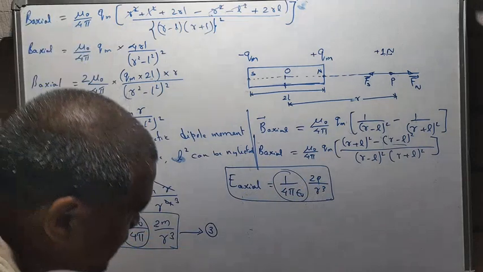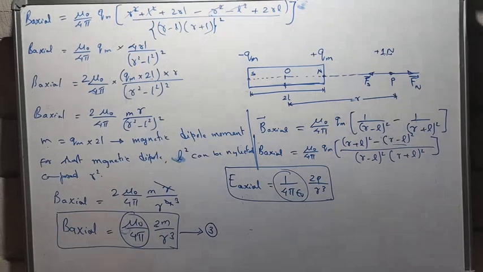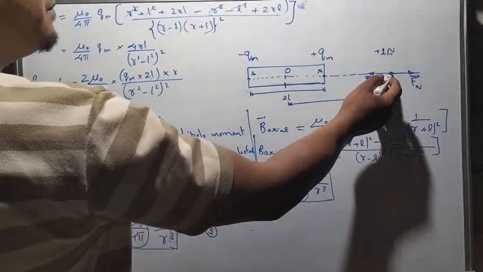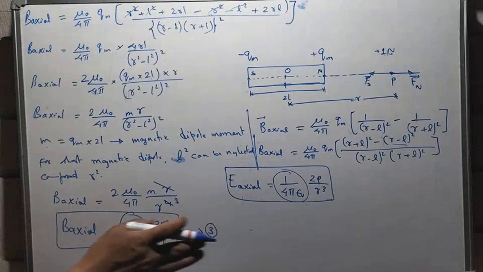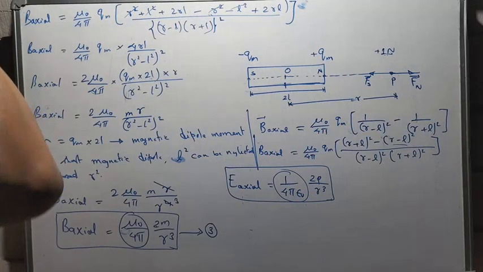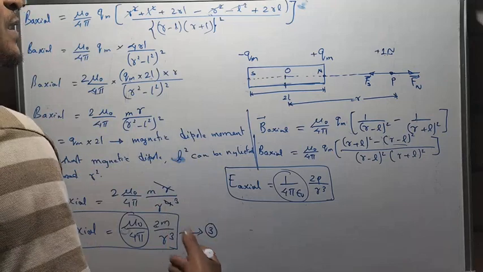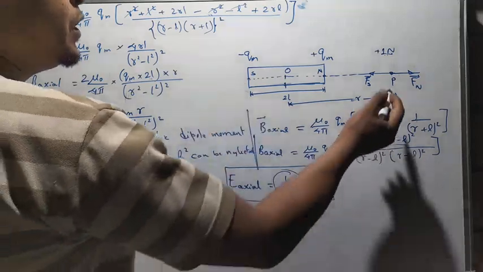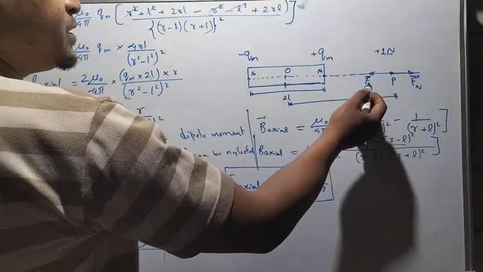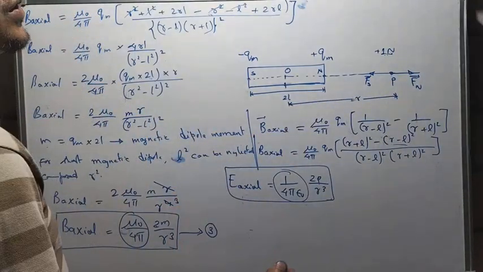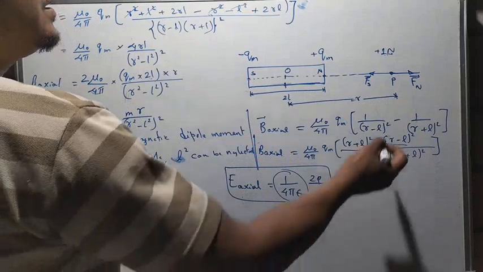Now, what is the direction of this net magnetic field at a point P? This net magnetic field at a point P will act along the same direction as the larger force. If you look at these two forces, Fs and Fn, you can tell me which force is larger.